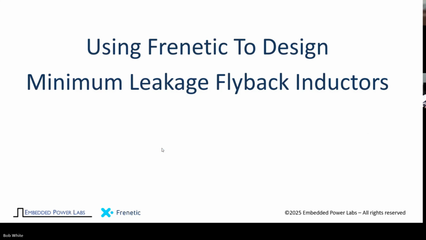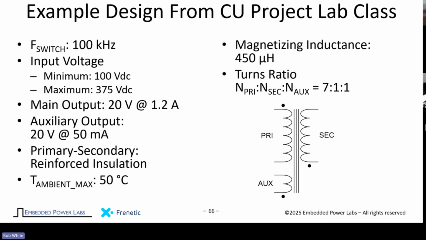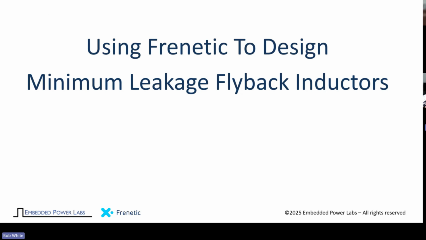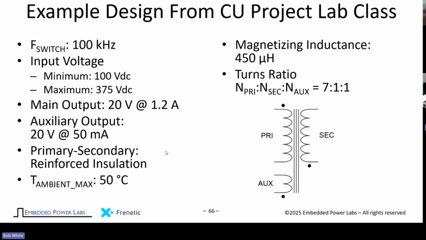But no matter what, we still want to minimize that leakage inductance because that minimizes that initial loss. Even though we reduce the multiplier, we still want to reduce that energy stored in the leakage inductance.